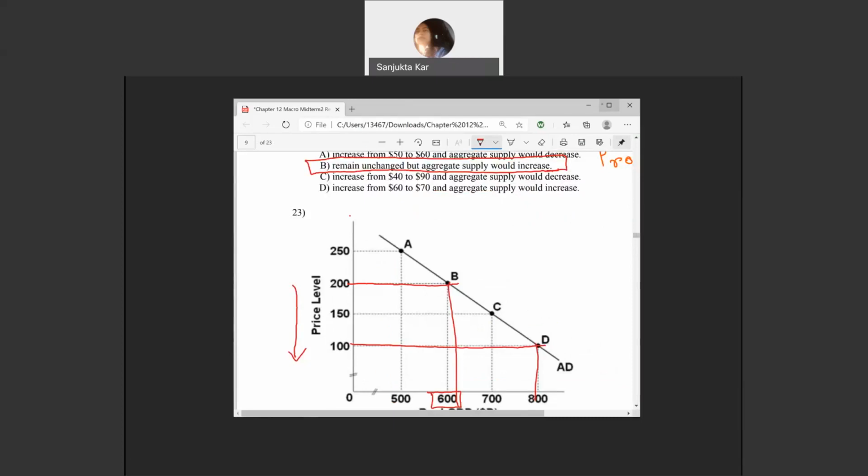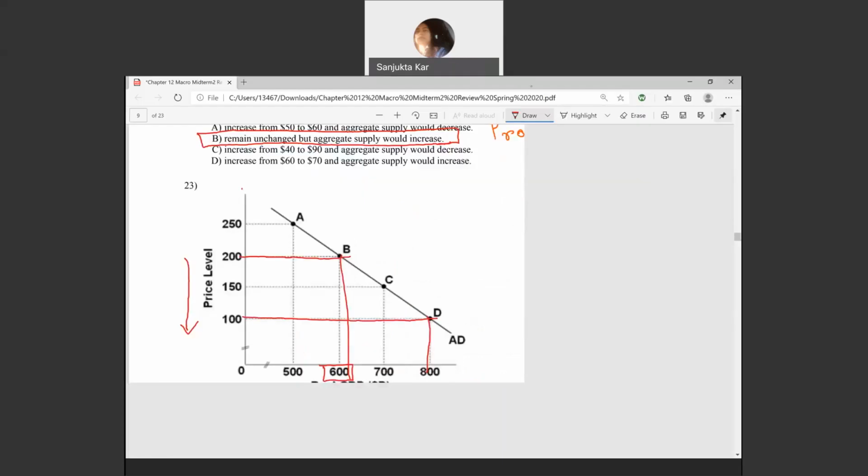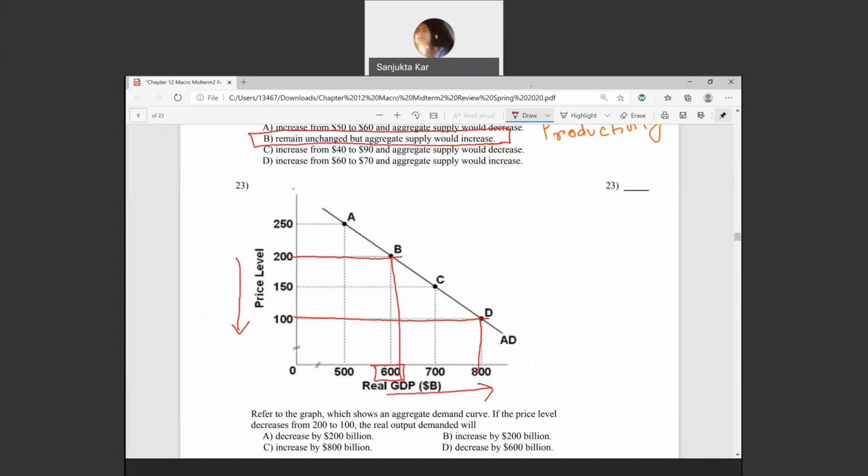So basically output went up from 600 to 800. This is going to go up by 200.